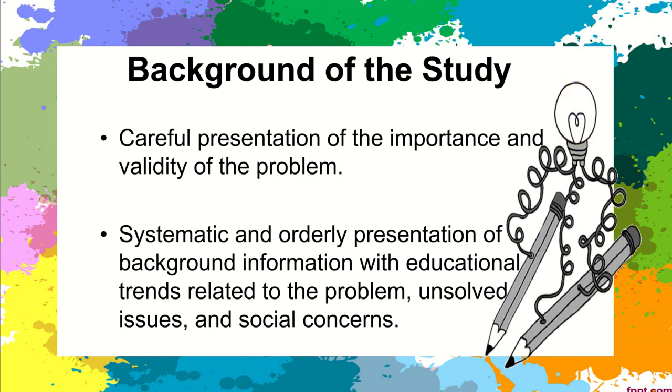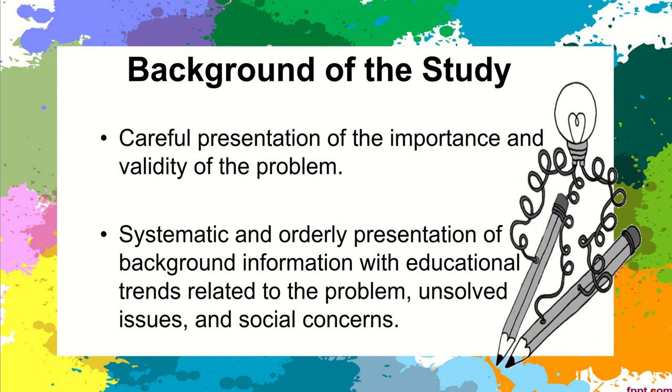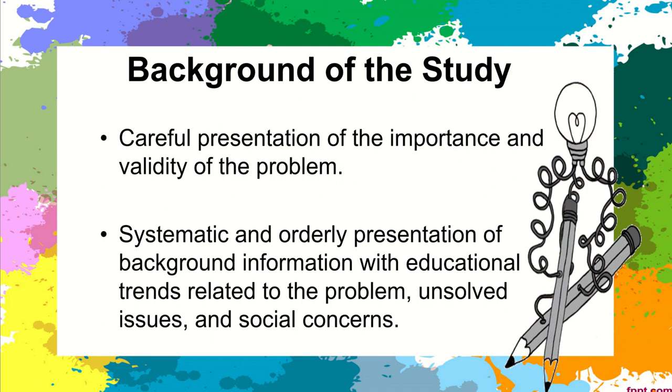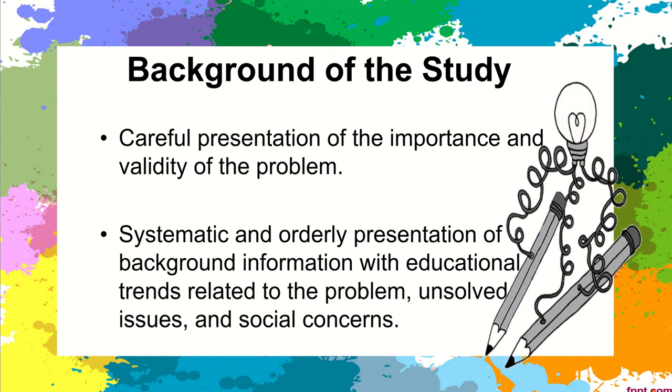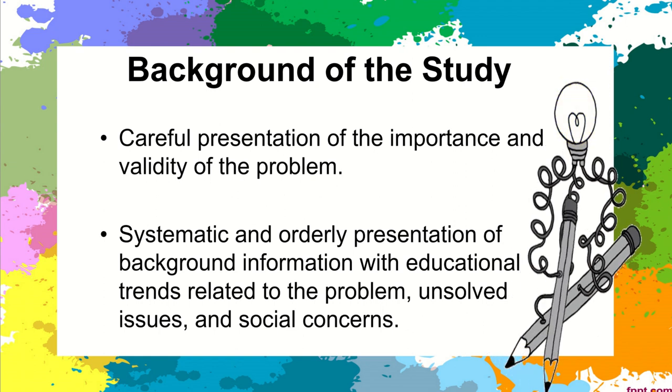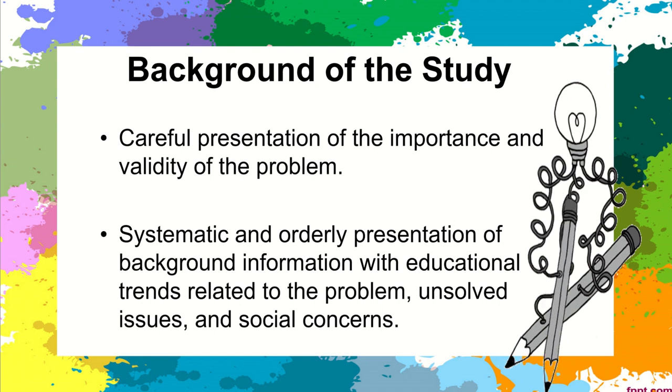So, you have to identify an issue or a gap or a conflicting findings, for example, na na-associate mo with your study. So, definitely gumagawa tayo na kasi ng research, di ba? To solve a gap or to solve a problem. So, you have to indicate that as well under the background of your study. Okay, what are the issues, for example, or what are the gaps, if ever na marami, you have identified several, so you have to indicate them.